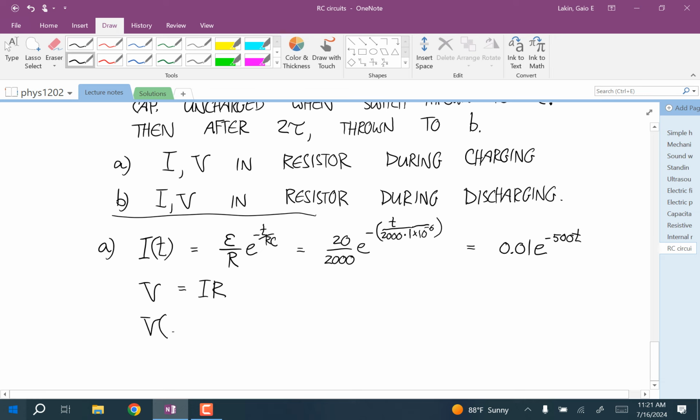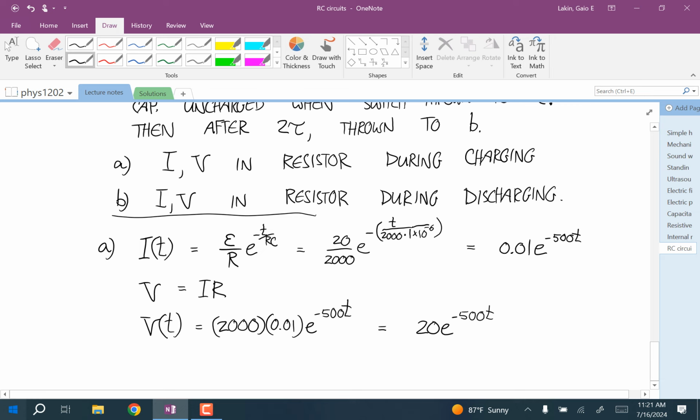So the voltage as a function of time is equal to the resistance times the current we just calculated. And so you get 20 times e to the negative 500 t.